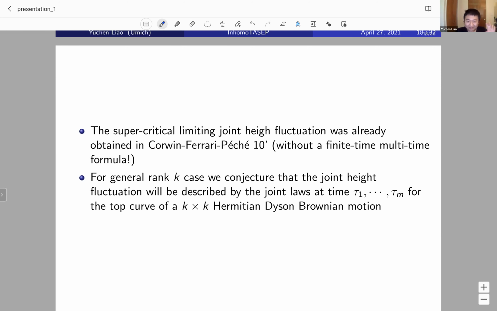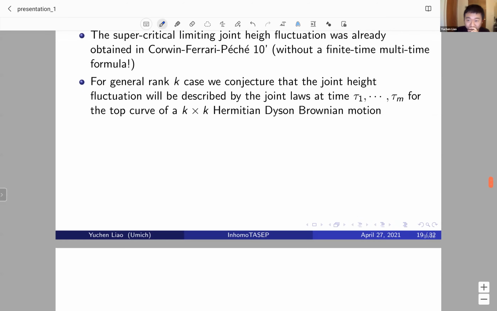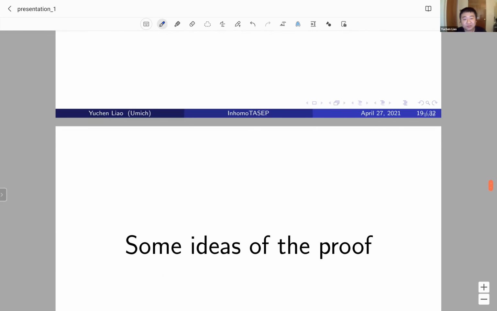Ultimately the fluctuation coming from the bulk is negligible. Questions or comments? So that's the main result.